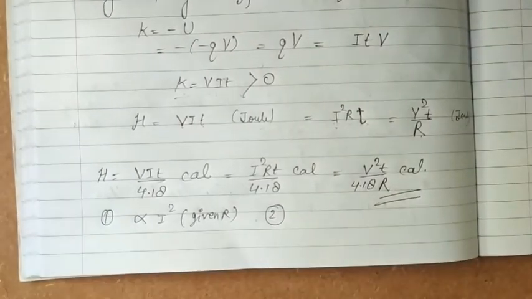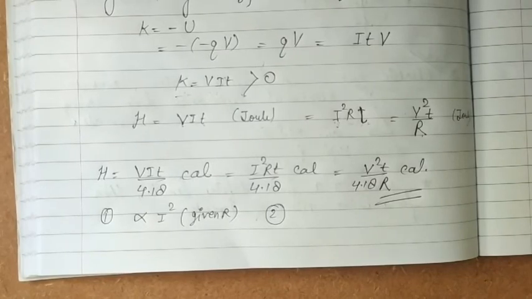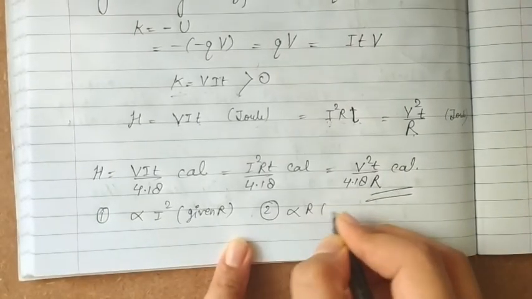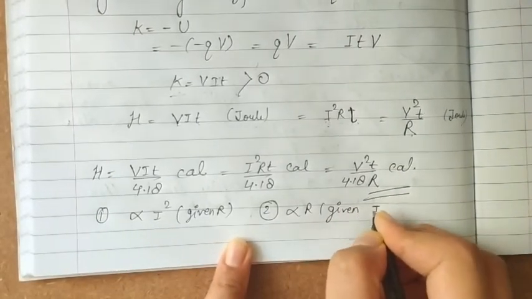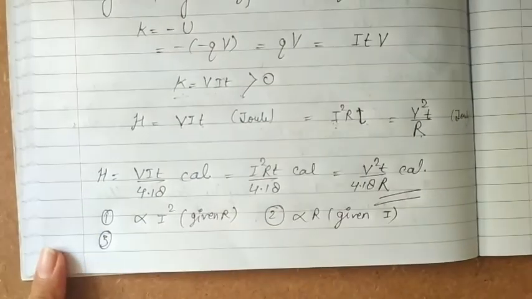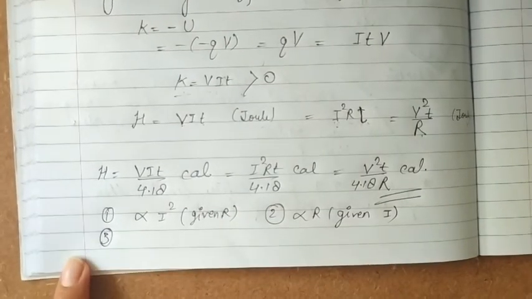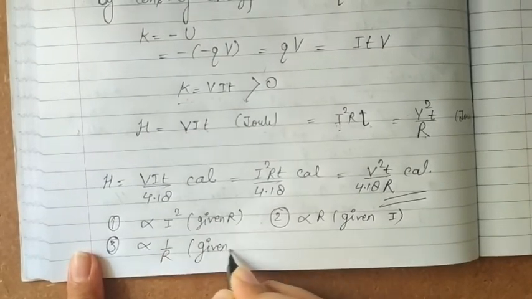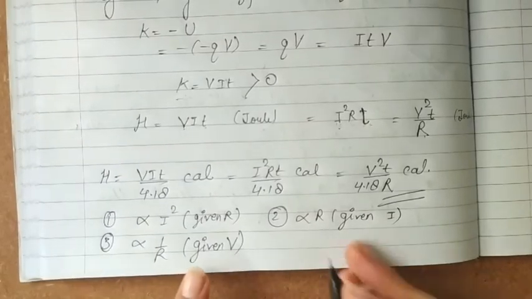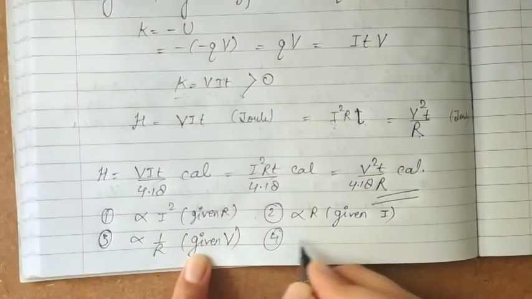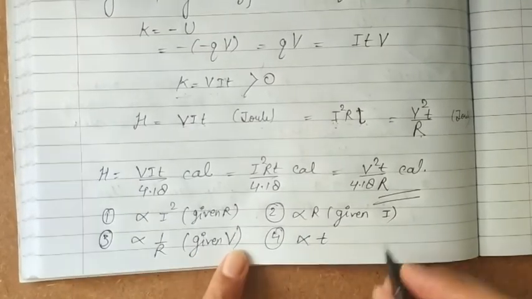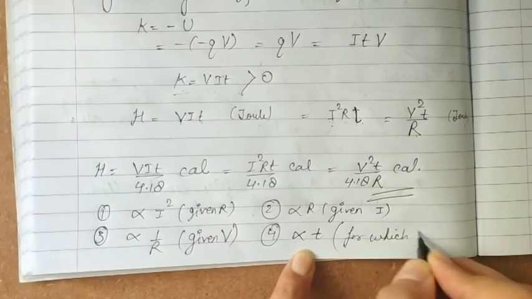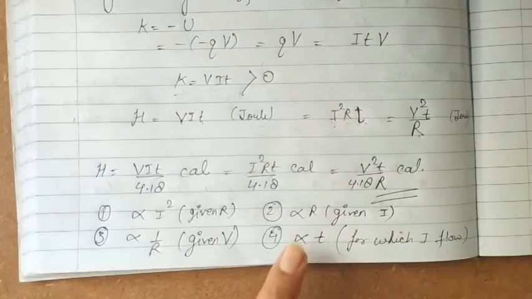Second, heat dissipated or produced in a resistor is directly proportional to the resistance for given I. Third, heat dissipated is inversely proportional to the resistance for given V, and heat dissipated is directly proportional to the time for which the current flows through the given resistor.